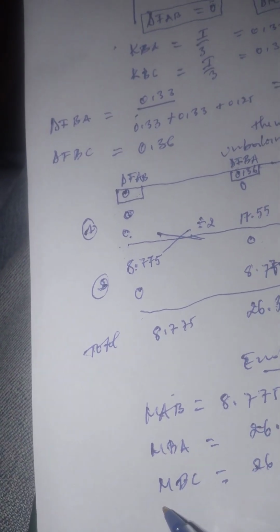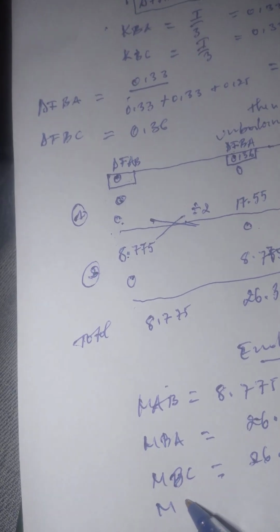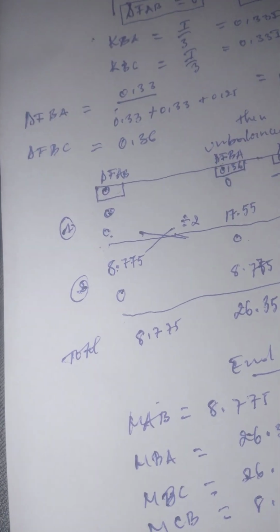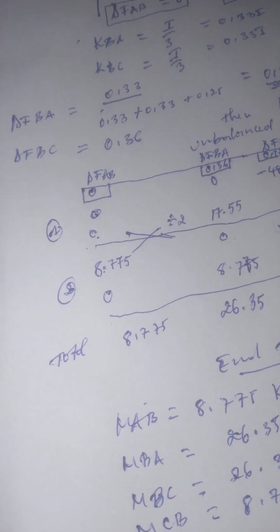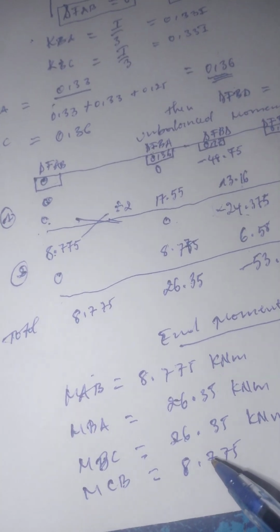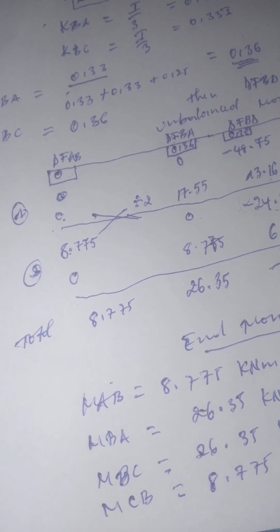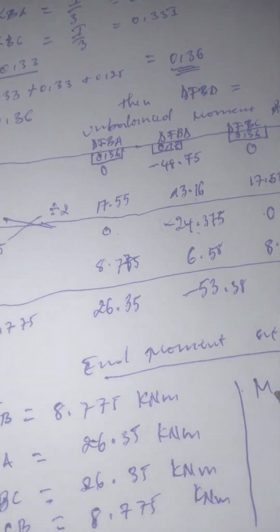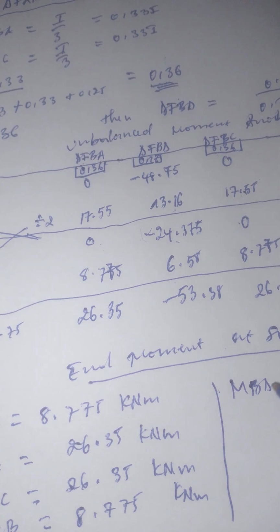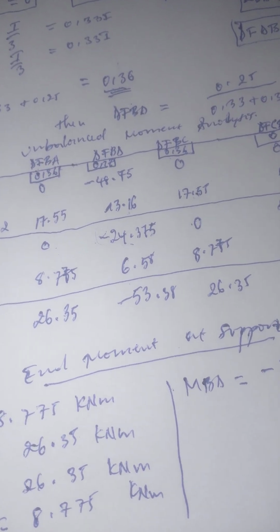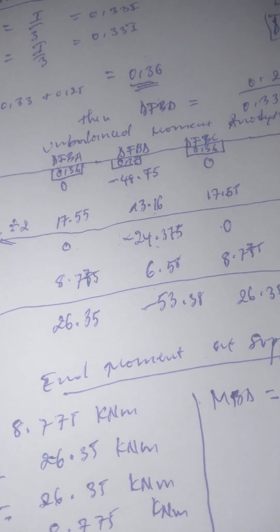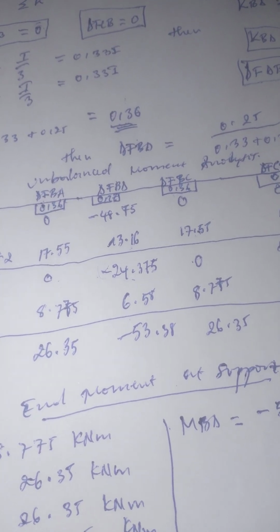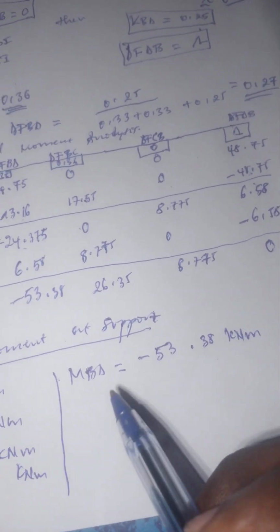Moment CB is equal to 8.775 kilonewton meter. Moment BD is equal to negative 53.38 kilonewton meter.